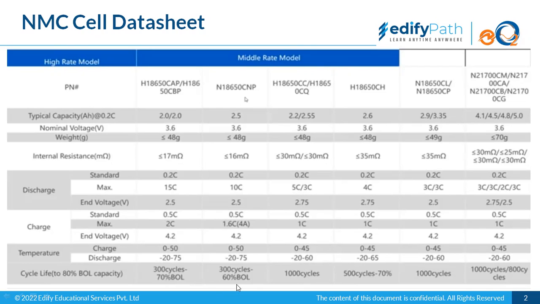In this one, it would go up to 60% of full charge voltage only, which it would be able to retain or charge. In the third case it's 1000 cycles, then 500 cycles, 1000 cycles. Typically, NMC cells are between 1000 to 1200 cycles only.